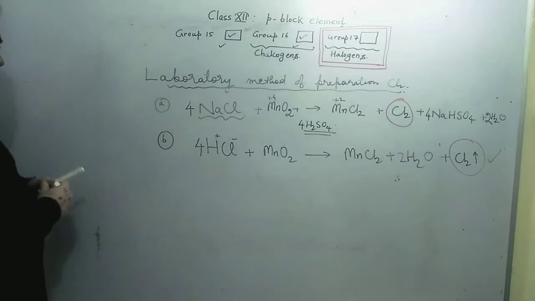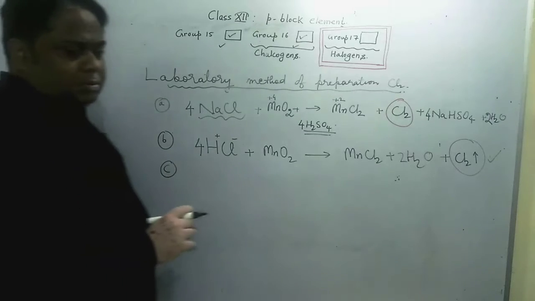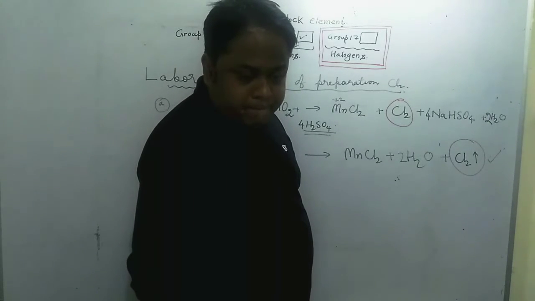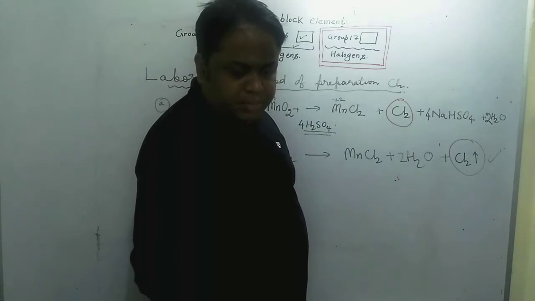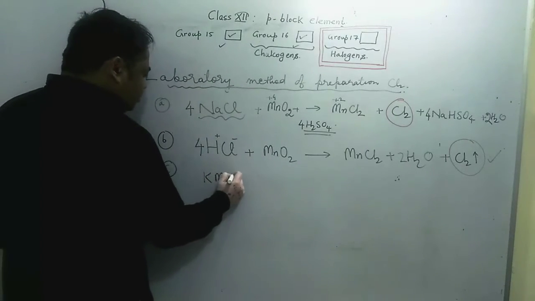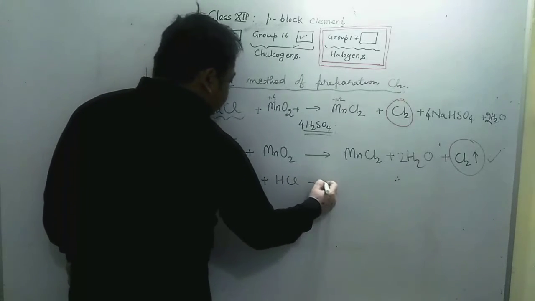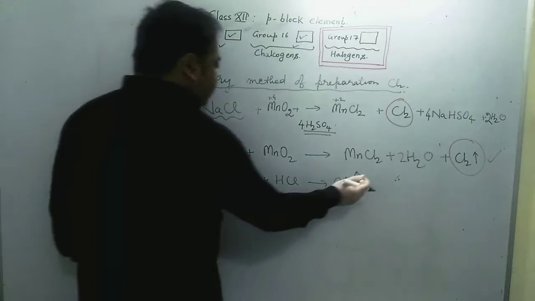Next, C. We can treat KMnO4 with HCl and let us see what happens. KMnO4 plus HCl. Okay, chlorine gas comes out. This was our objective.